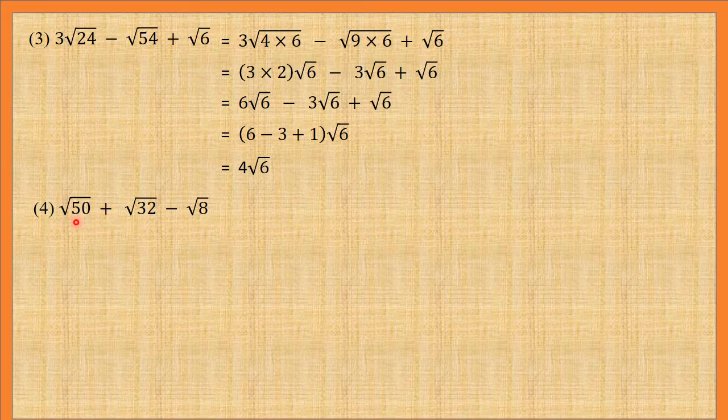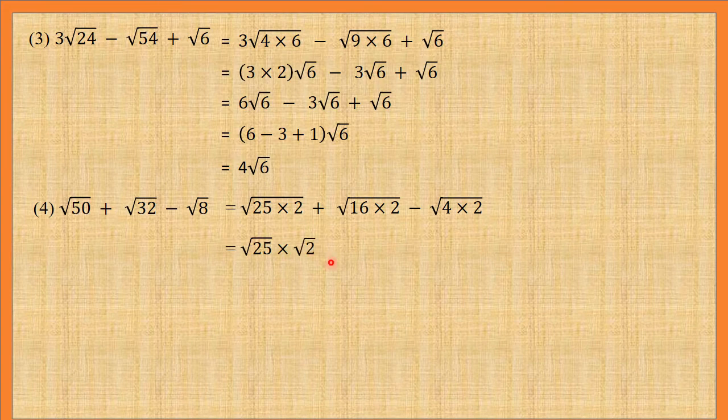The perfect square we can find in 50 will be 25, the perfect square in 32 will be 16, and the perfect square in 8 will be 4. So they can be simplified as square root of 25 times 2 plus square root of 16 times 2 minus square root of 4 times 2.